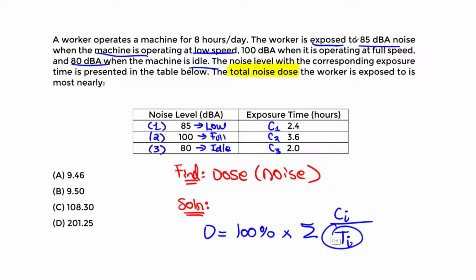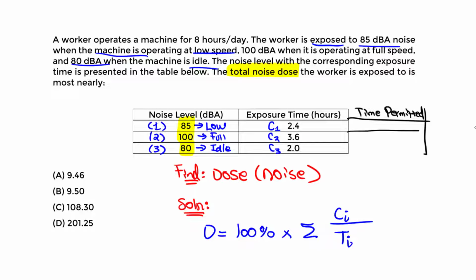Now TI is the time permitted on the bottom. The time permitted for what noise level? We have to find the time permitted for these. So I'm going to extend the table with the time permitted.